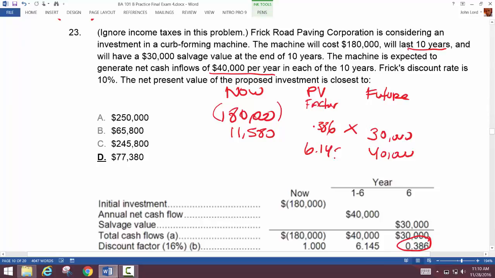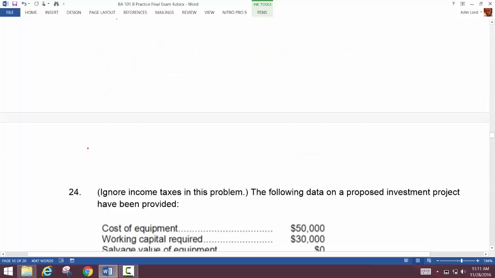Multiply that, so the present value of that 40,000 is 245,800. Okay, that's an inflow. So this is going to have a pretty nice little positive net present value of what? 77,380. Okay. Okay, good.